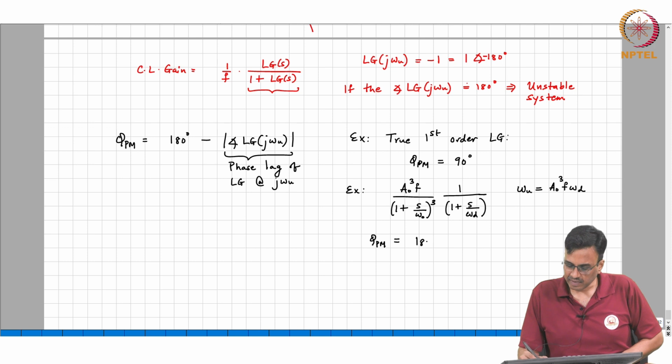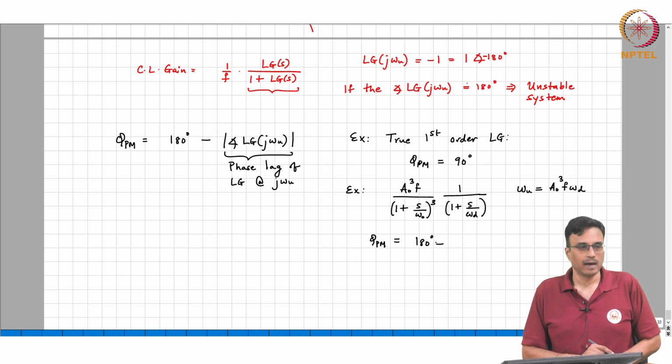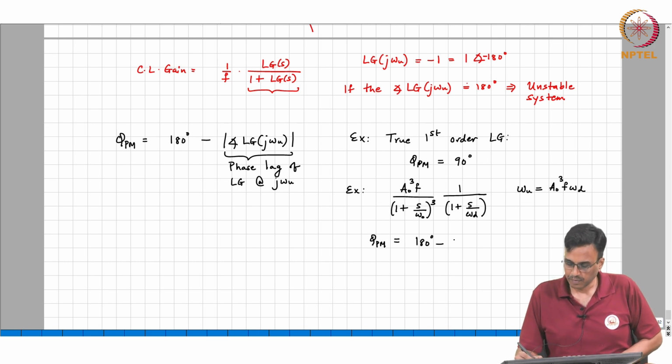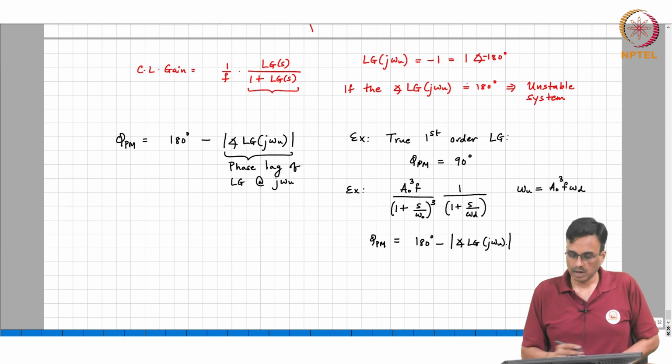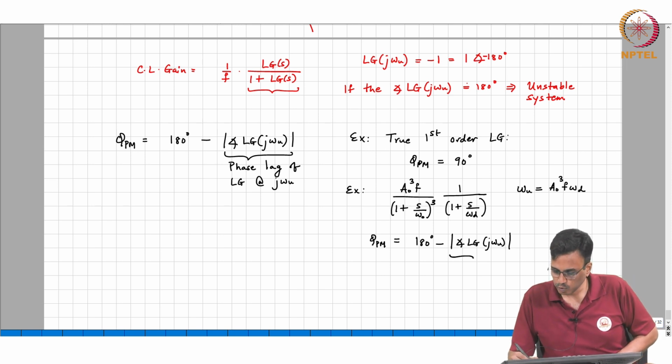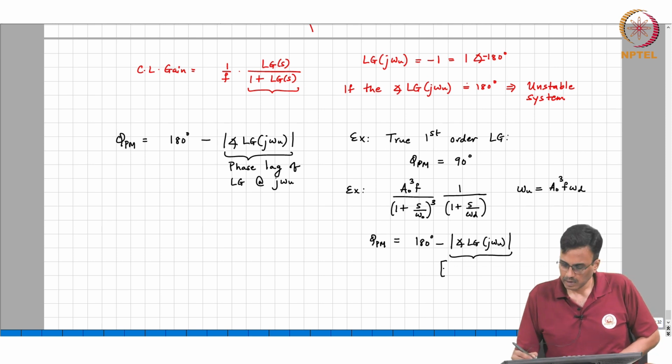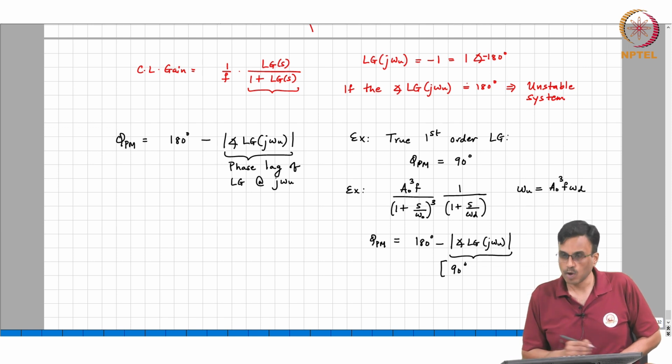(180 degrees) minus the angle of the loop gain at j omega u. And what is the phase lag of the loop gain at the unity gain frequency? Yeah, so there are basically two components. Due to the dominant pole, what is the phase lag? 90 degrees, right, that is due to the dominant pole.